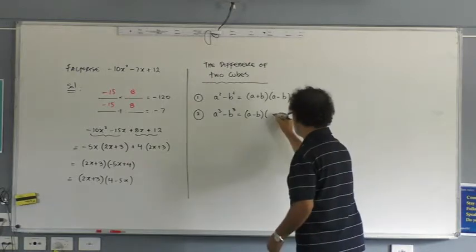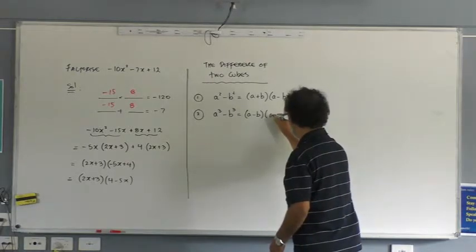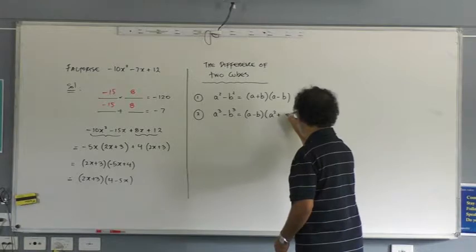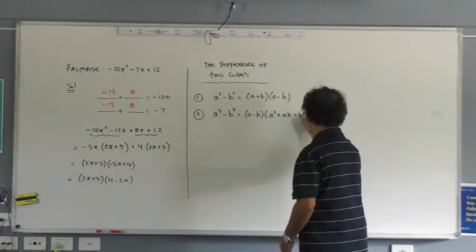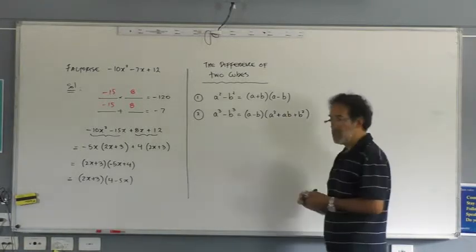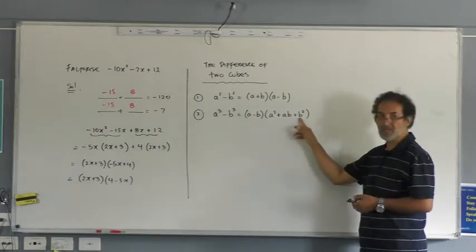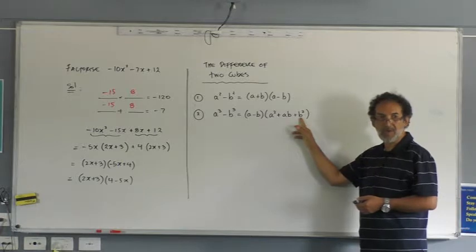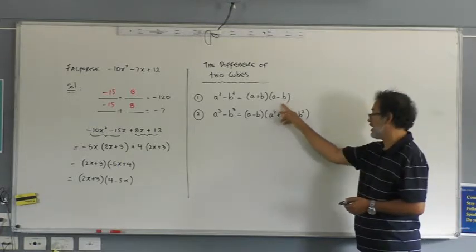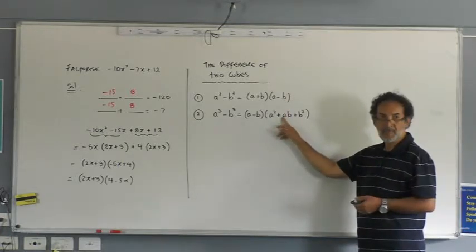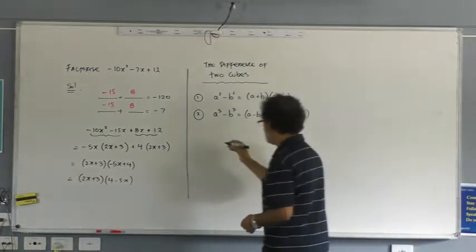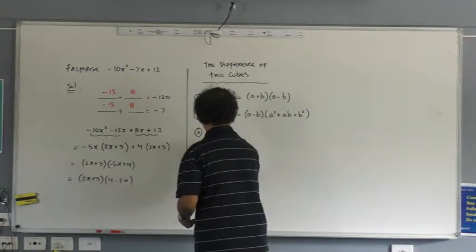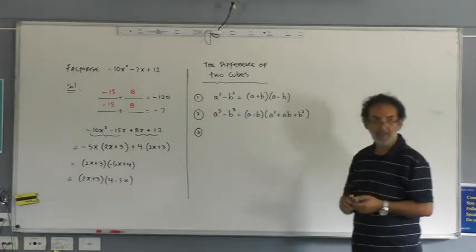But then on the inside, you're going to have a squared plus ab, and then plus b squared. If you look carefully, this looks like the expansion of a perfect square, except that when you have a perfect square, you have a 2 in here. It's a different formula.